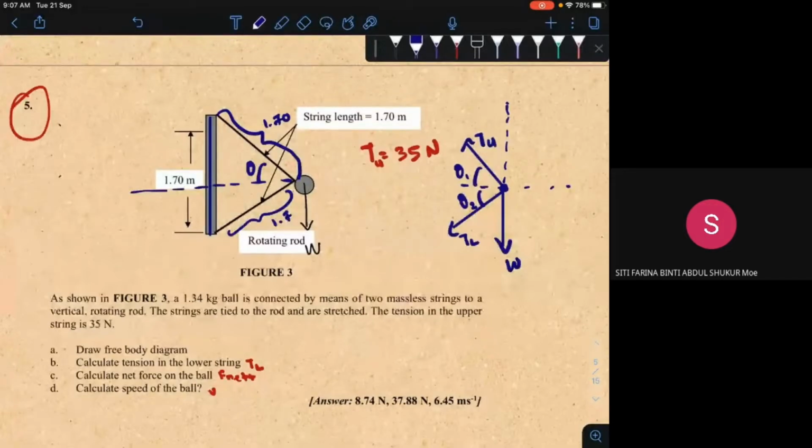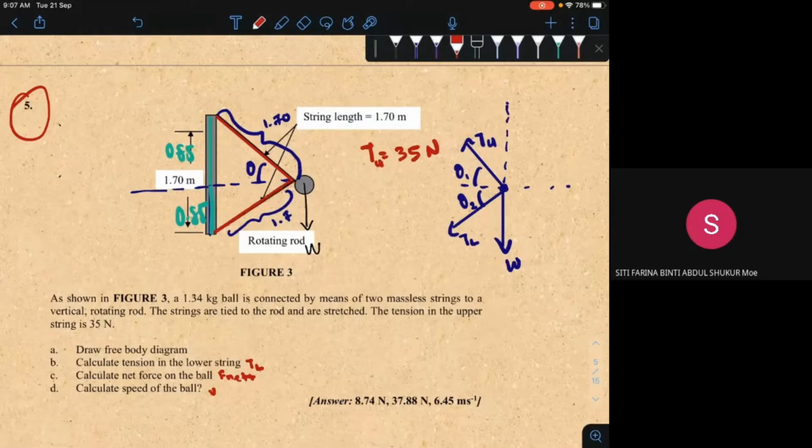So kalau kita fokus dekat atas dulu, 1.7 adalah panjang tali kamu dekat sini. Kita guna color lain lah. The red one here is 1.7. Okay, the rotating rod, sebab dia belongs to dua triangle, so bahagi dua, kamu akan ada this green length here adalah 0.85 each. Okay, yang red ini adalah 1.7 each.